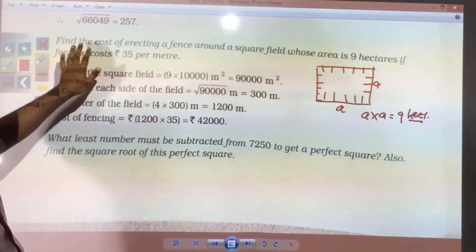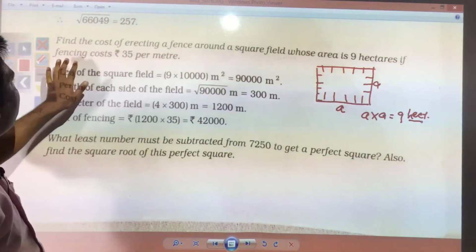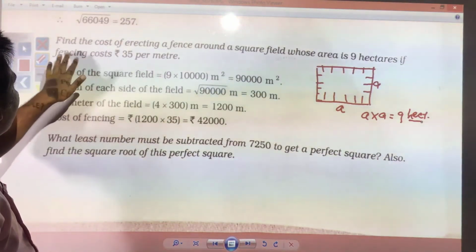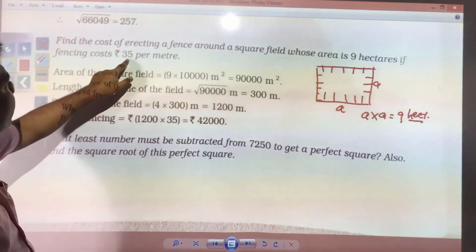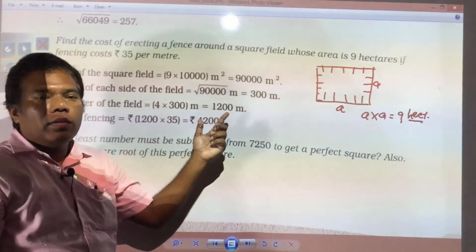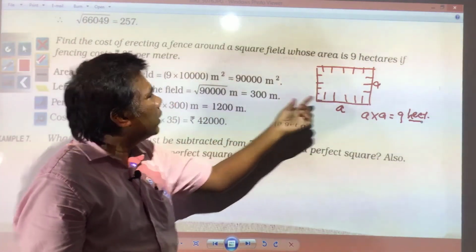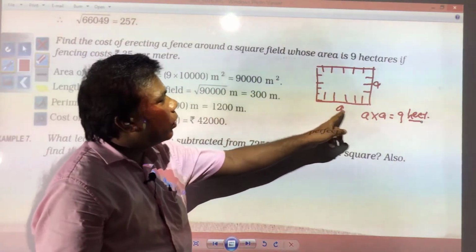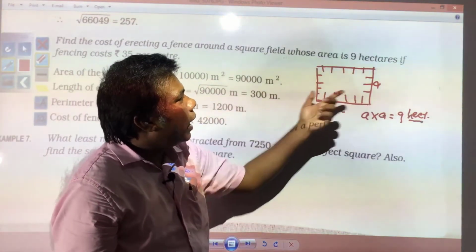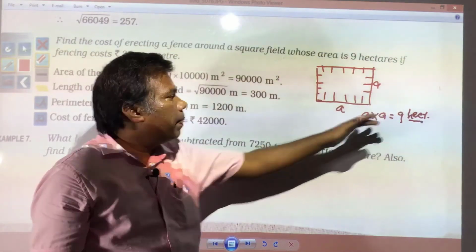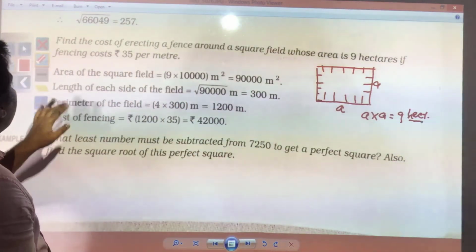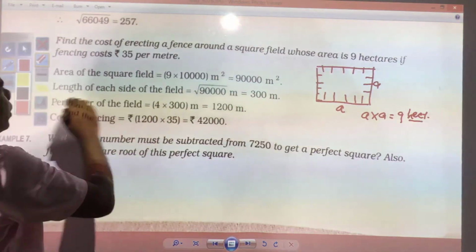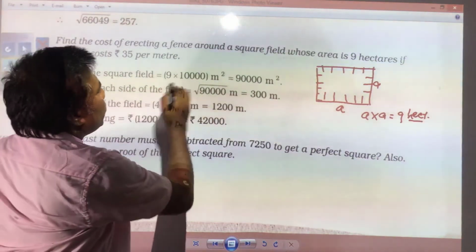So you need to find out the cost, and for fencing the cost is 35 rupees per meter. For fencing 1 meter it costs 35 rupees. You need to find it for the whole area, and area has been given. How will we find out? Just see, area of the square field is equal to 9 into 10,000.